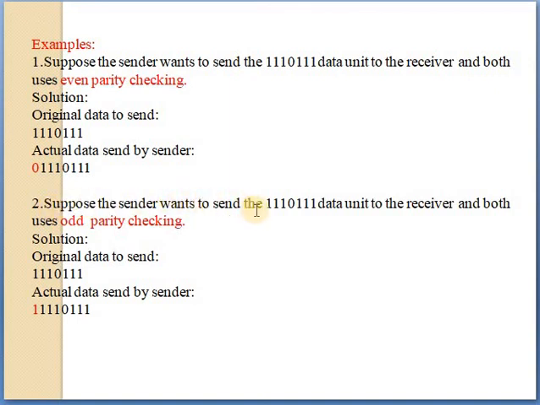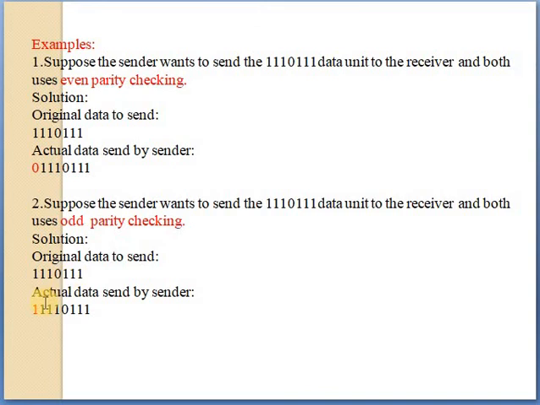Here suppose the sender wants to send this data unit, and both sender and receiver use odd parity checking. The solution: the original data is 111011, and both use odd parity checking.